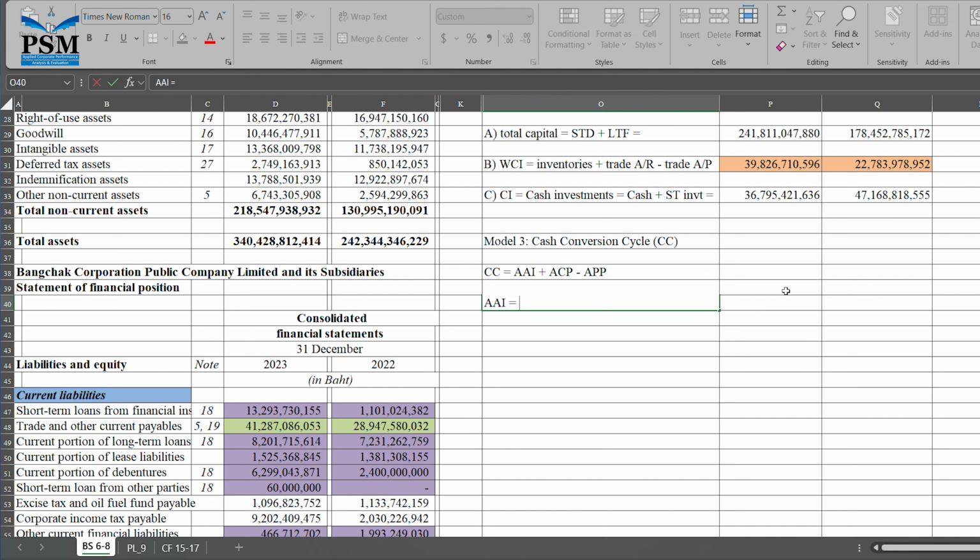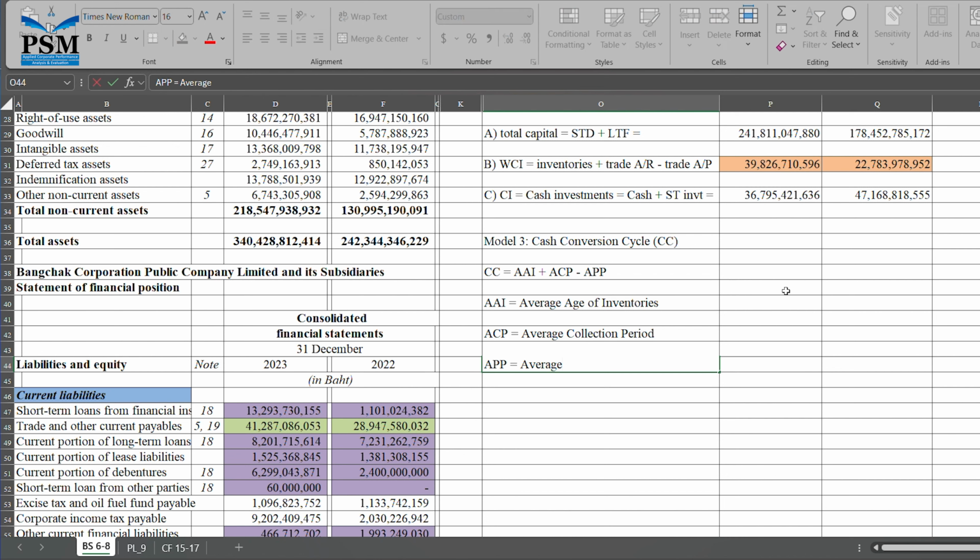AAI is an acronym for average age of inventories. ACP stands for A for average, C for collection, P for period, the number of days it takes the company to collect the trade accounts receivable, and APP is on the supply side.